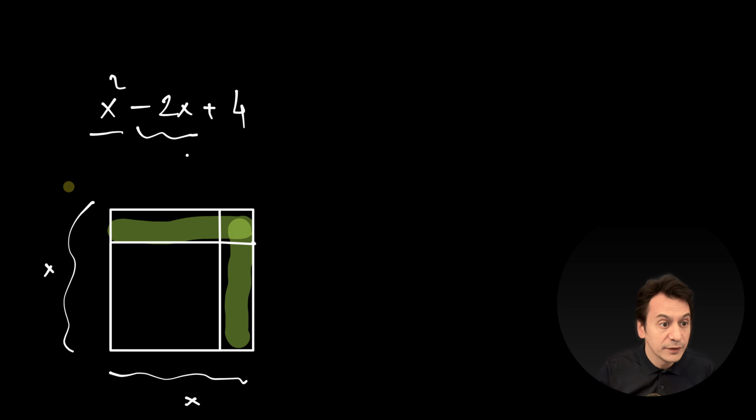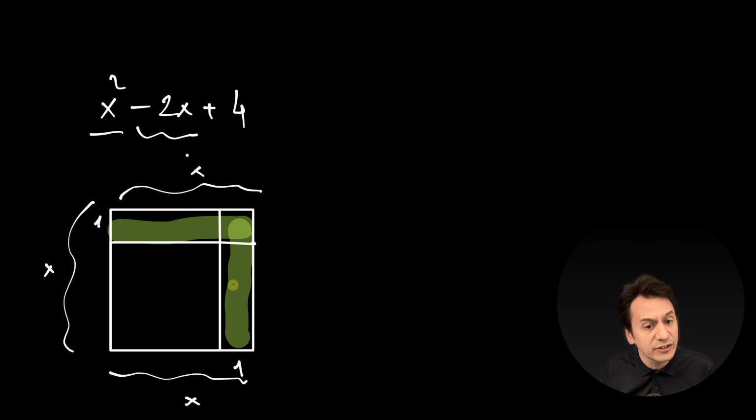Since this side length is x, this side length has to be 1, and this has to be 1. So I subtract these two x's. Great. So I will arrive at this square.